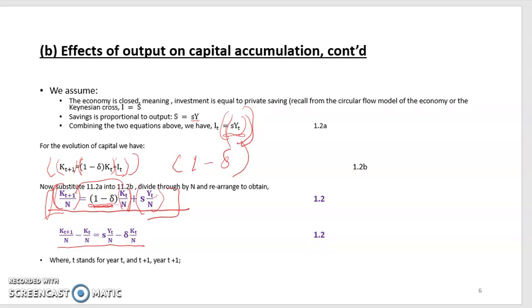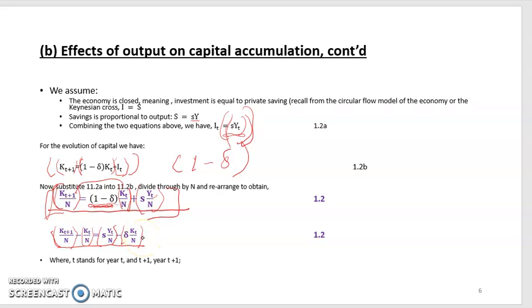This basically tells us that the change in capital stock per worker, that is capital stock in year t plus 1 minus the capital stock of the previous year, basically represented by the difference between the two terms on the left, is equal to the savings per worker represented by this first term here on the right, minus the depreciation represented by the second term here.